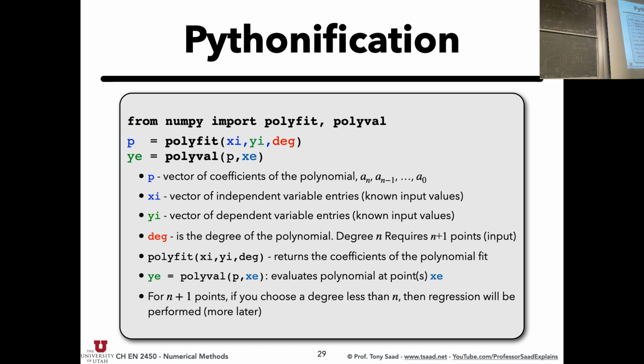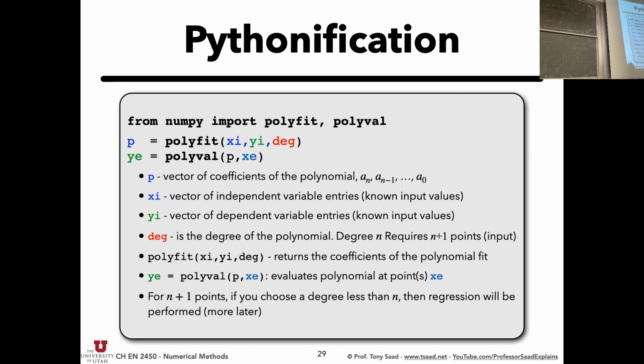So the first one is, you're given data xi and yi. You call polyfit, you give it xi, yi, input data, just like temperature and density, like we did earlier, or hours and temperature for the other example. Now you have a third parameter over here, which is deg, which stands for degree. This is the degree of the polynomial. In this chapter, for n plus 1 data points, you put degree n.